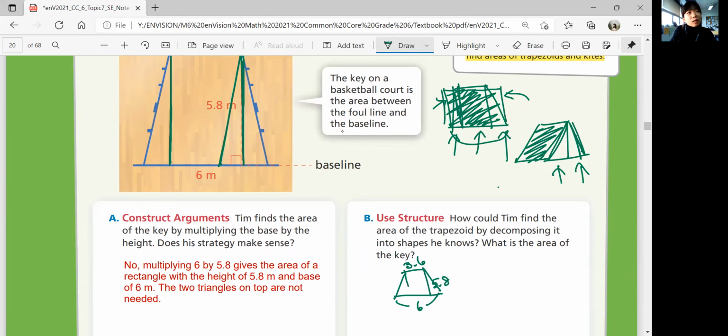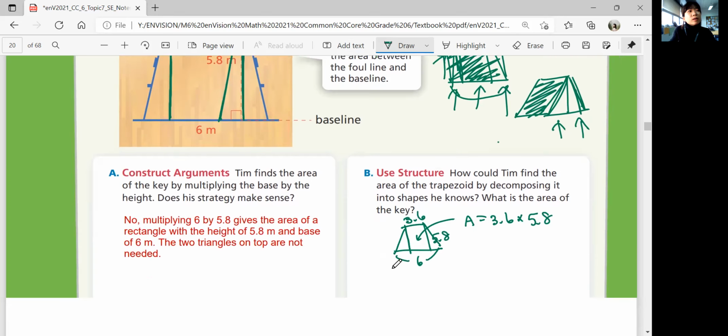So if we cut this into a rectangle like that, we can find the area of this rectangle, 3.6 times 5.8. And then we can find the area of these two triangles, which is going to make a rectangle.